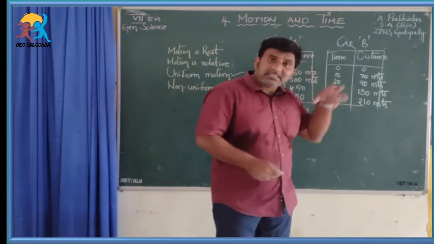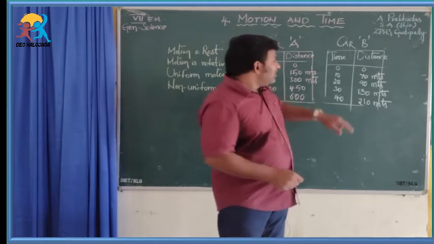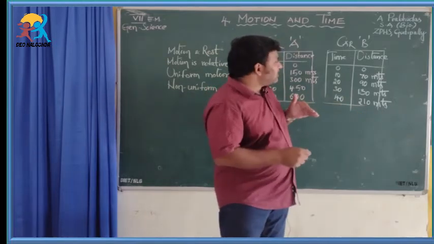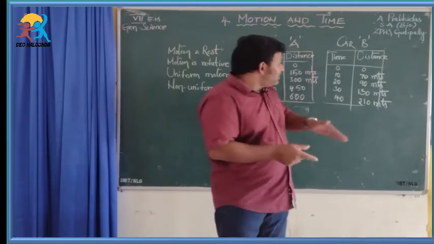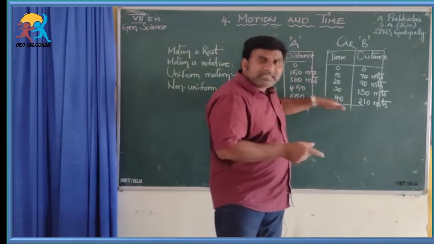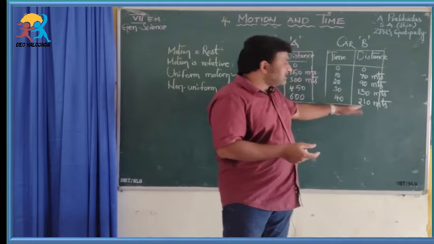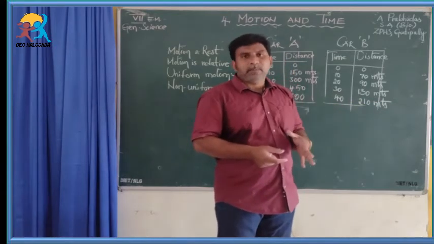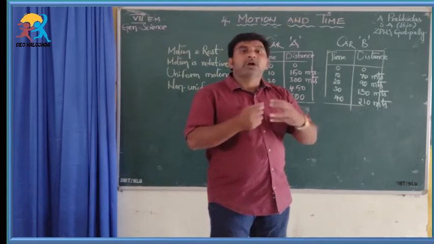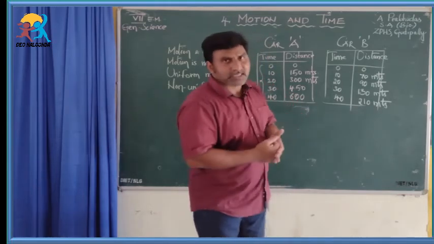The time interval is always 10 seconds. So in 10 seconds sometimes it is covering a distance of 70 meters and sometimes it is covering a distance of 210 meters. So it is moving with non-uniform motion.